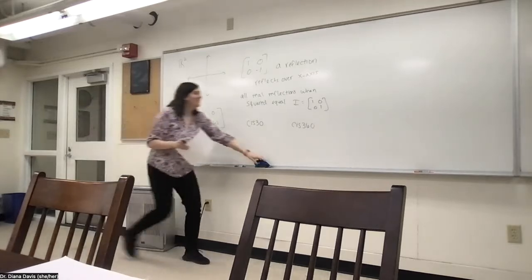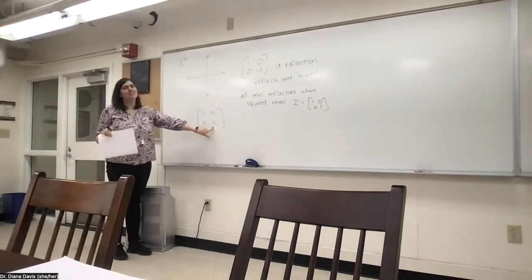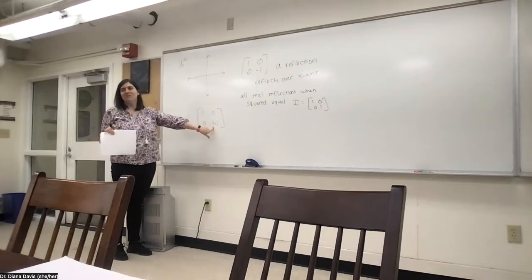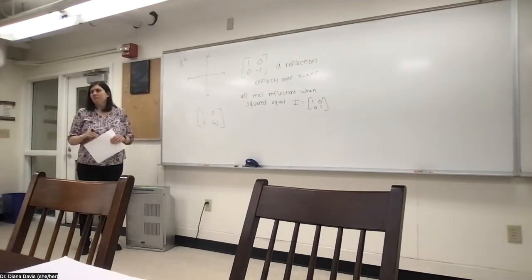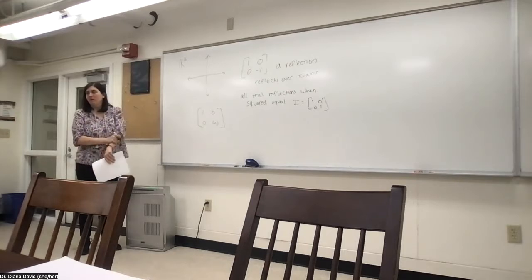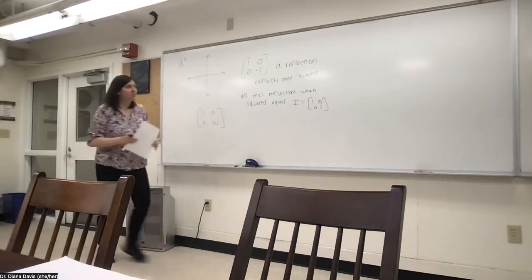So ignore this example. Wait, isn't cis 30 a root of unity though? So yeah, you're solving M squared equals I. You're looking at all 2 by 2 matrices that solve that. Right, but there has to be an additional premise.